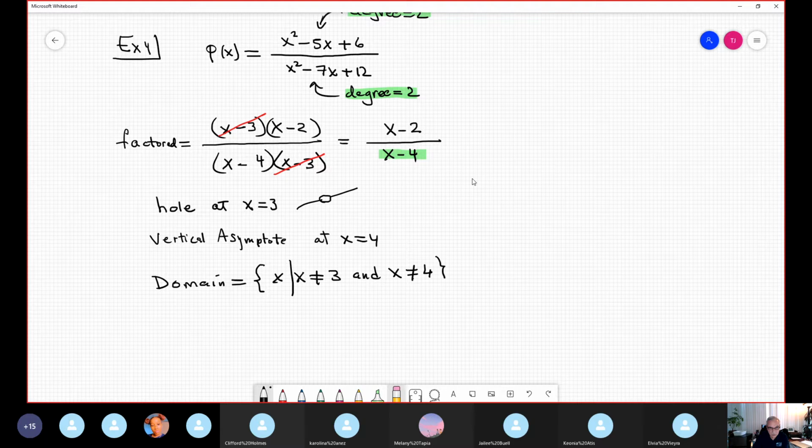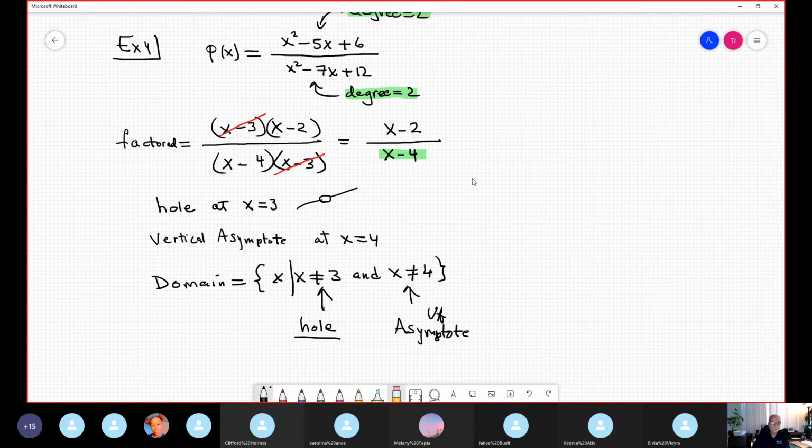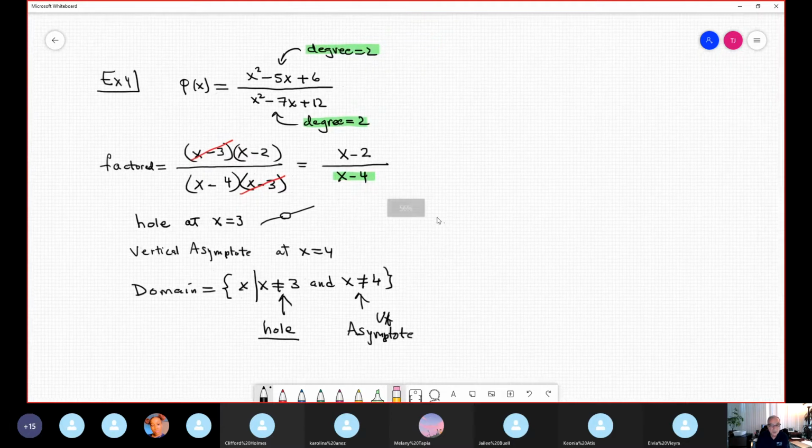But for different reasons, no? This one is because it's a hole, the factor that is eliminated in the division, and this one stays and is the vertical asymptote.